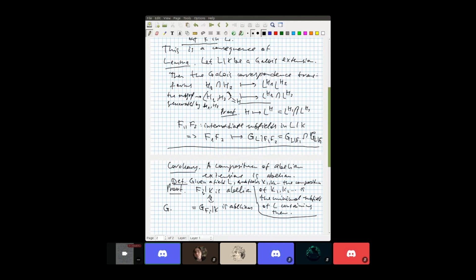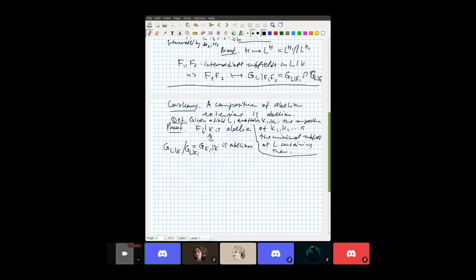So you have a surjection of the big Galois group of the field L on the Galois group of each of the Fi's, and the kernel is the subgroup of those automorphisms of L that act identically on Fi. Yeah?